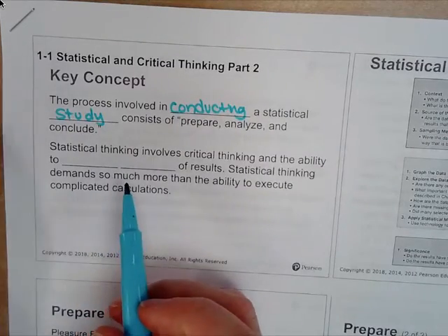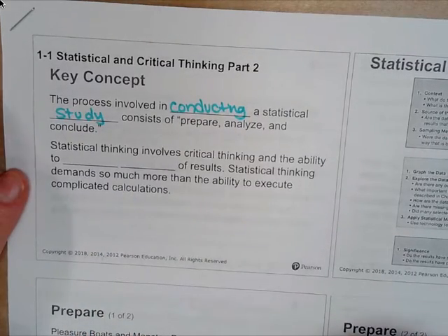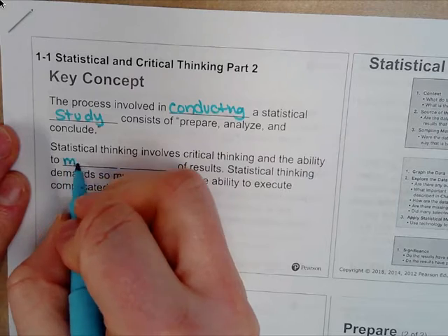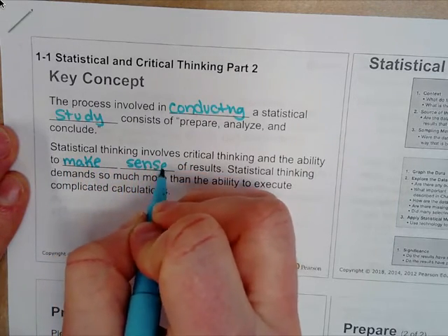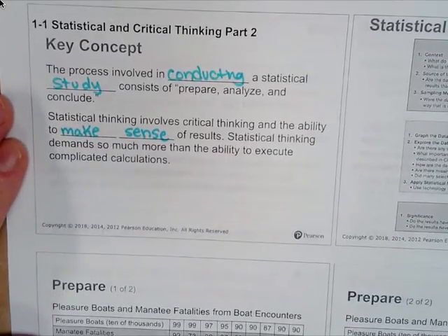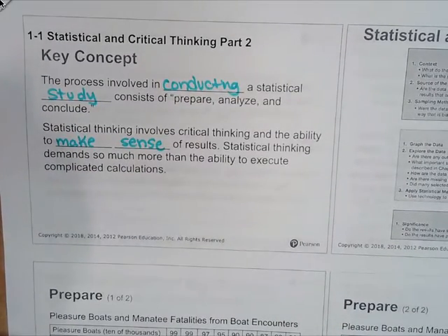Statistical thinking involves critical thinking and the ability to make sense of results. So you're not just getting an answer, the answer is 7, and being done with it. That's not how statistics works. You get the answer or some kind of p-value, which we'll talk about later in the semester, and then you make sense of it.